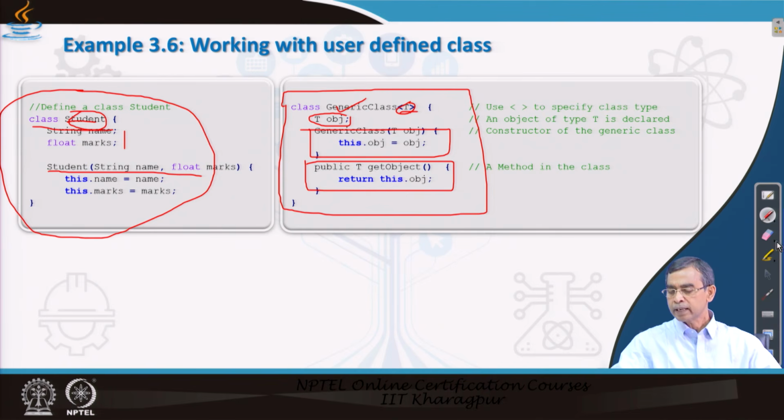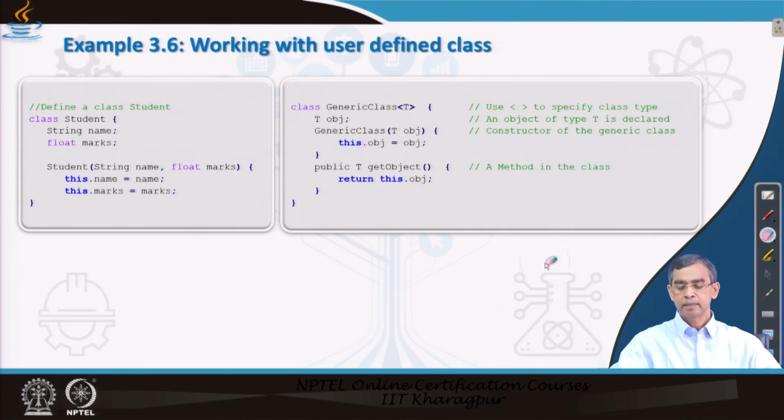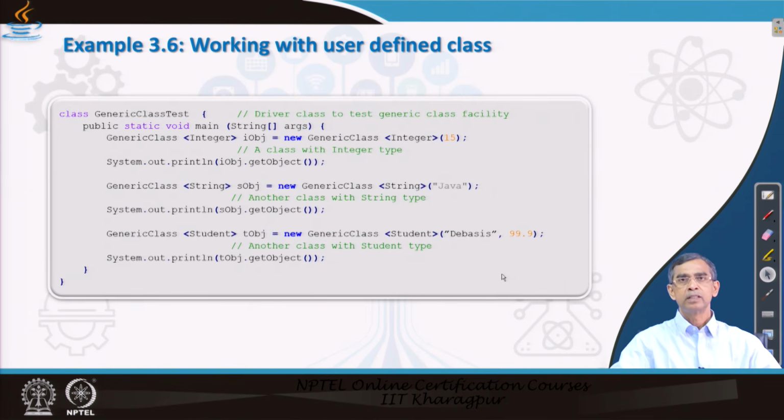So, this is the idea about this method declaration, the generic class declaration for any type, and then we can declare a main method to use this definition, and here is an example. So, this is the main class, the driver class, the main method. Now, here we use this class that we have discussed earlier.